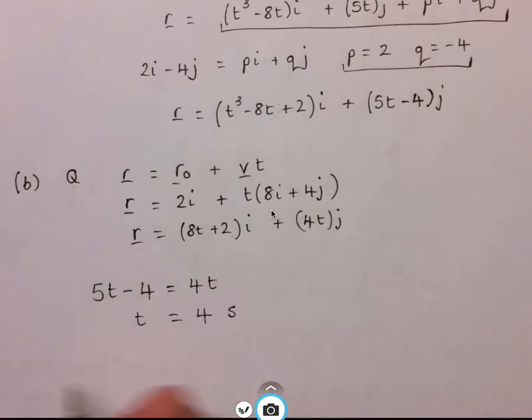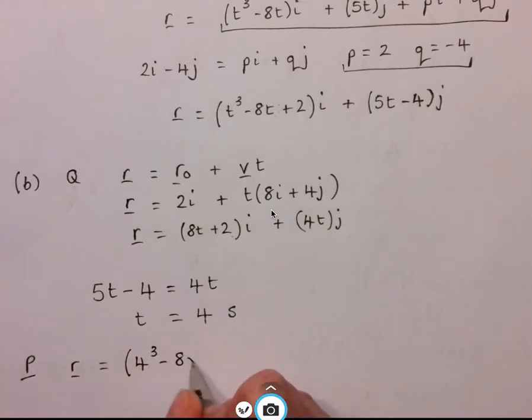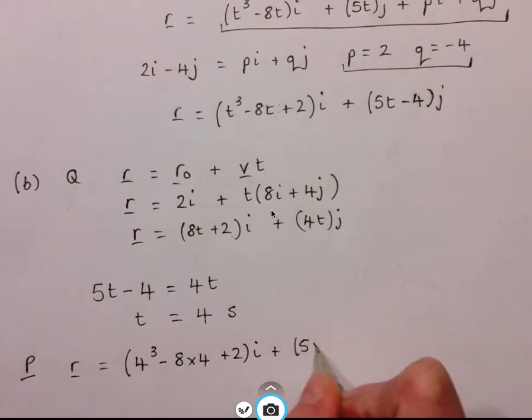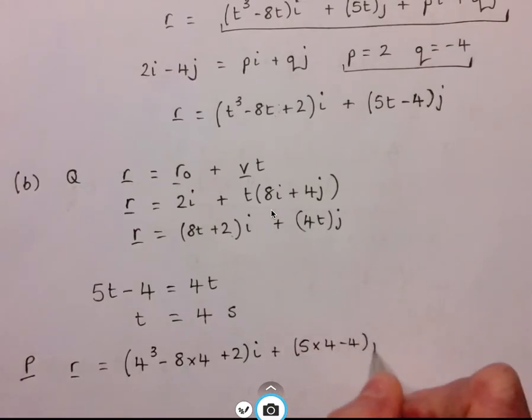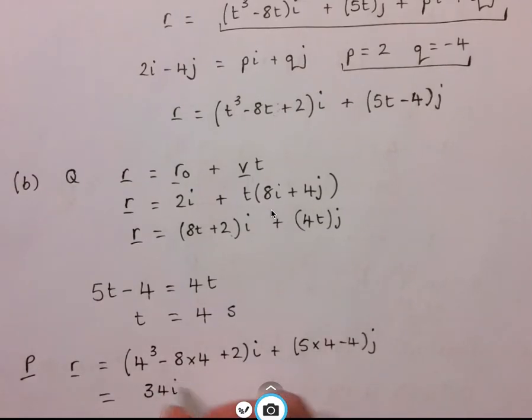So at t equals 4, P will be at 4 cubed minus 8 times 4 plus 2 i, plus 5 times 4 minus 4 j. So 64 take 32 is 32, plus 2 gives me 34i, and then 20 take 4 is 16j.